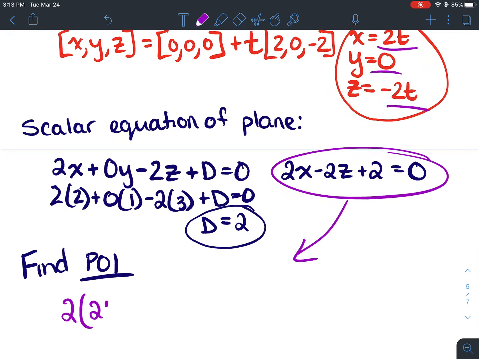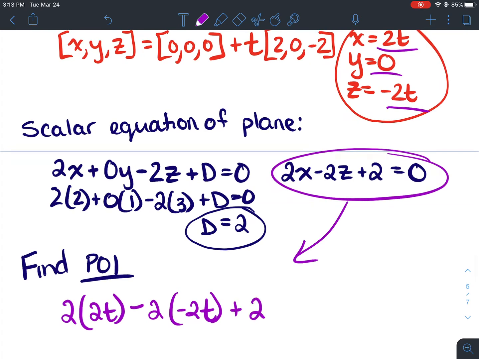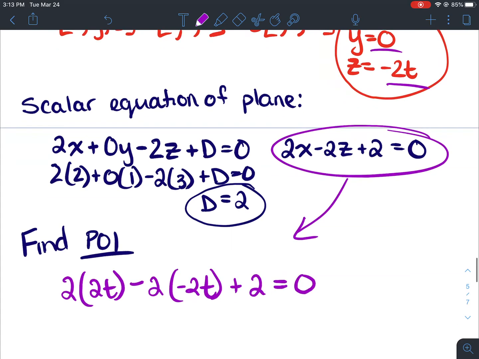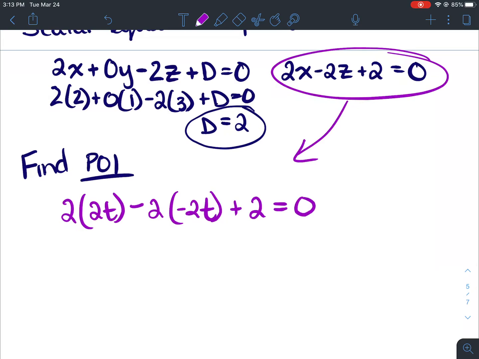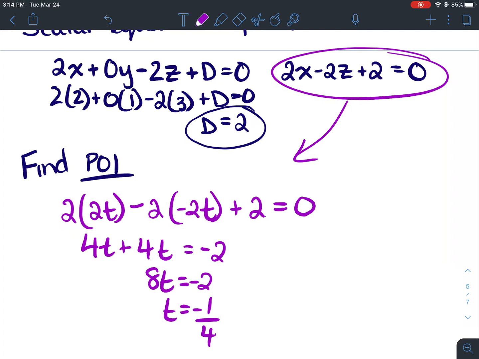So I got 2 times 2t minus 2 times negative 2t, oh yeah, y is 0, plus 2 equals 0. And then I get 4t plus 4t equals negative 2, 8t equals negative 2, so t equals negative 1/4.